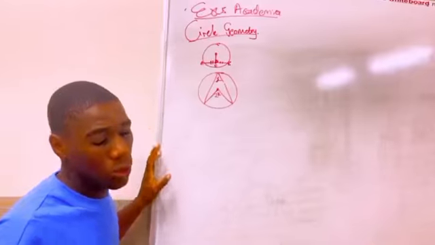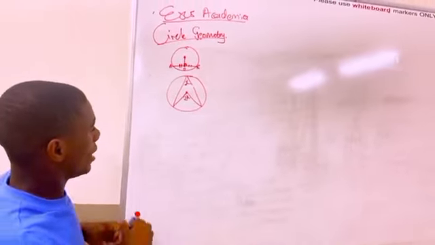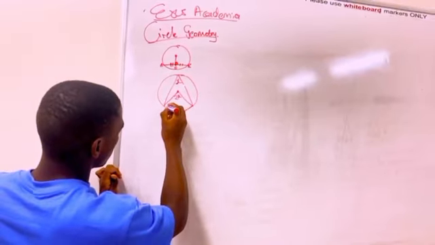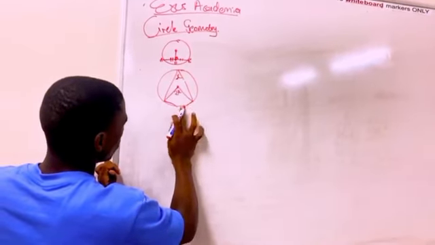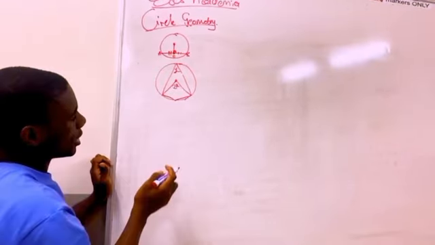This shape is called what? It's called a concave kite. A concave kite, because we know that a kite is more like this. So now the last edge of the kite is on the center.